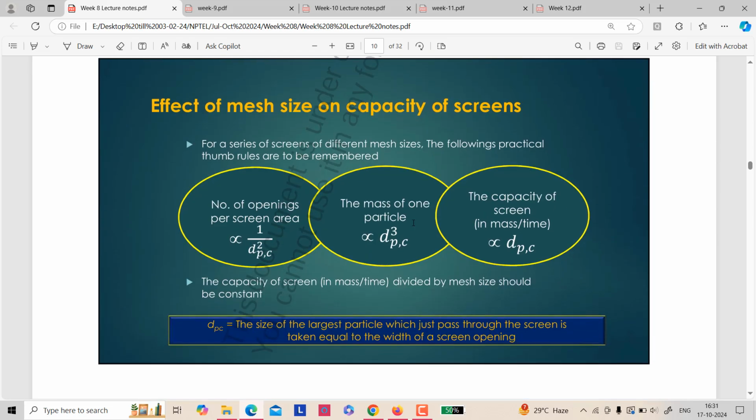The number of openings per unit area is inversely proportional to the square of the size of the largest particle. The mass of one particle is proportional to the cube of the size of the largest particle, and the capacity of a screen is proportional to the largest size of the particle.